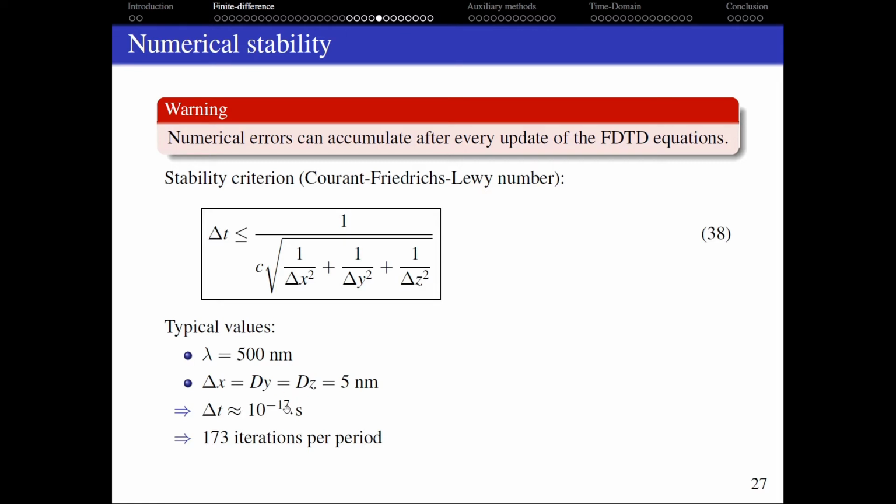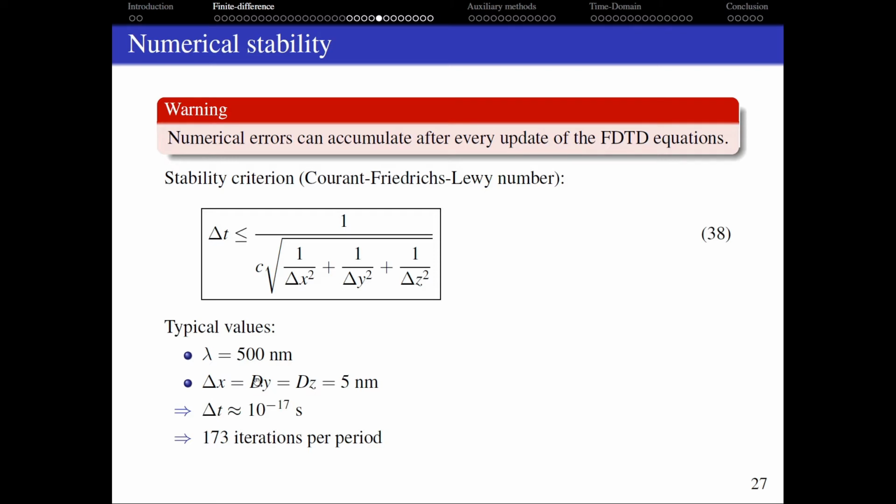Since this is very small, this also means that if one wanted to simulate something that is very long compared to this, for instance 1 nanosecond, that would imply that one will need about 100 million iterations, which is quite a lot. So this is a very high number.